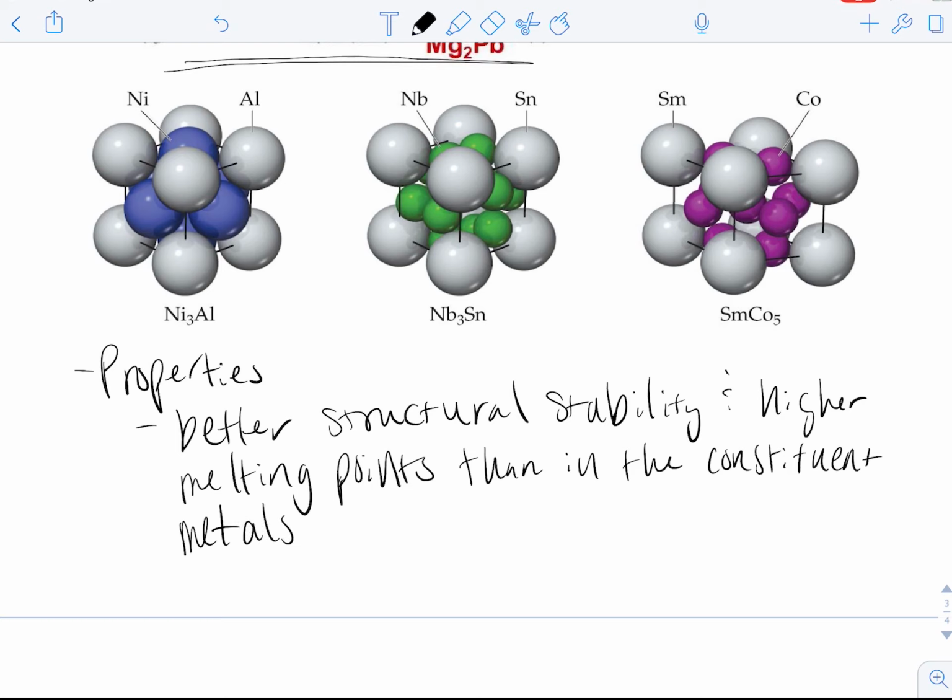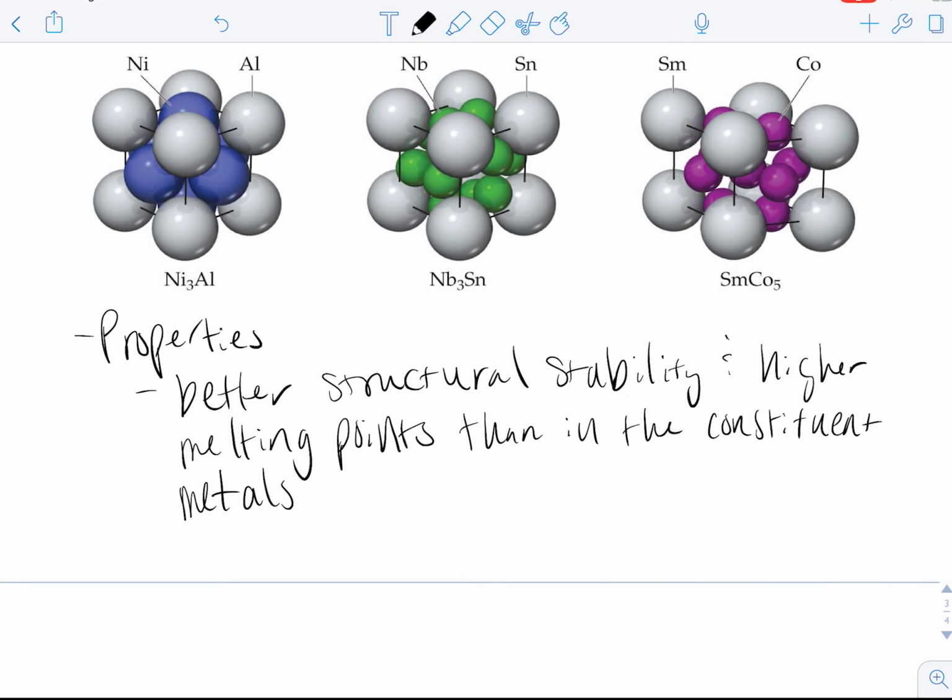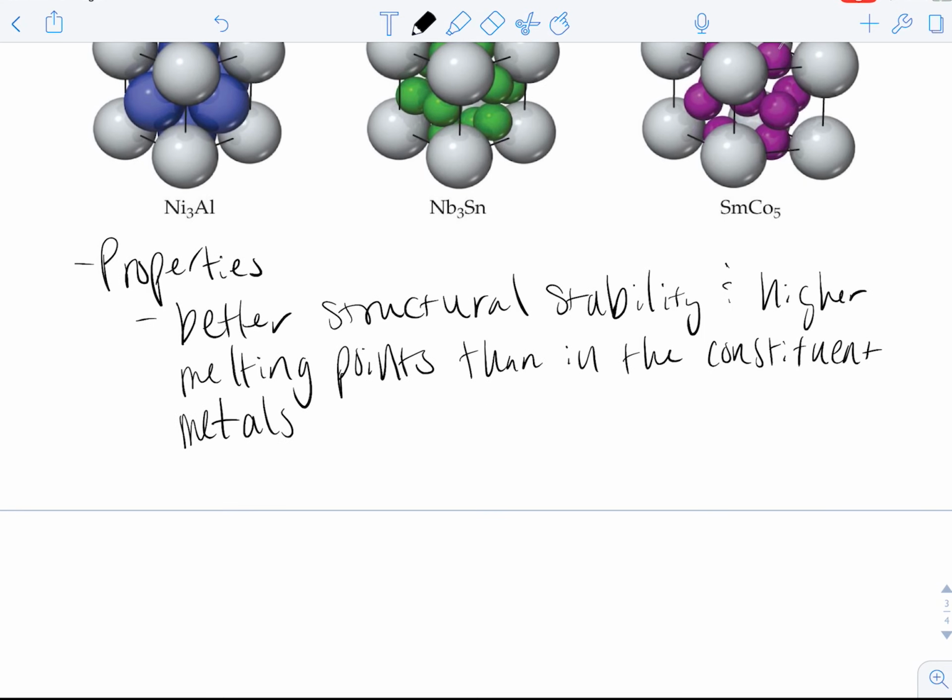However, now we're dealing with something that has a very set structure throughout, so it's not just some atoms thrown in randomly, so we're going to have a more brittle substance than a substitutional alloy.